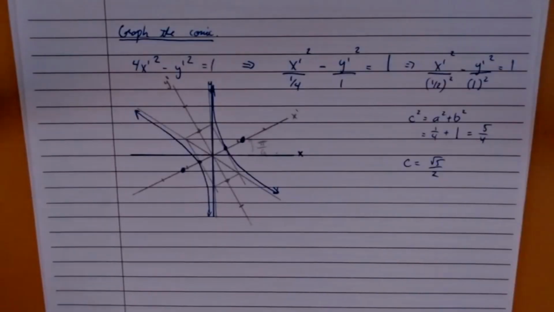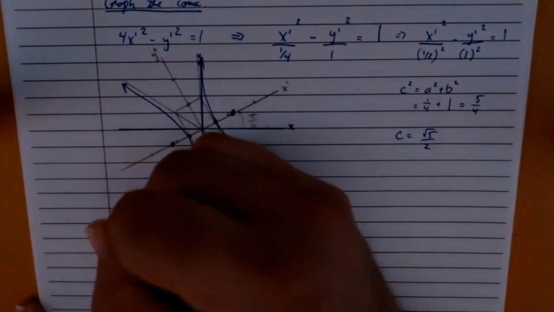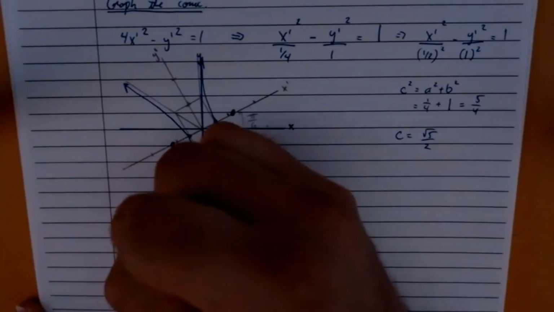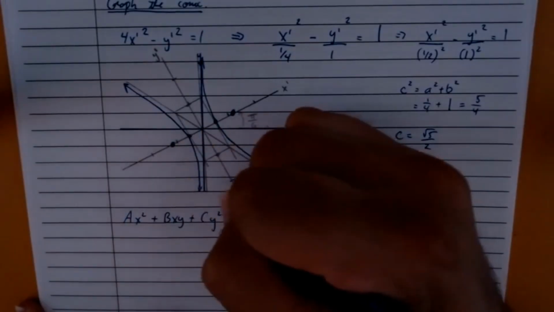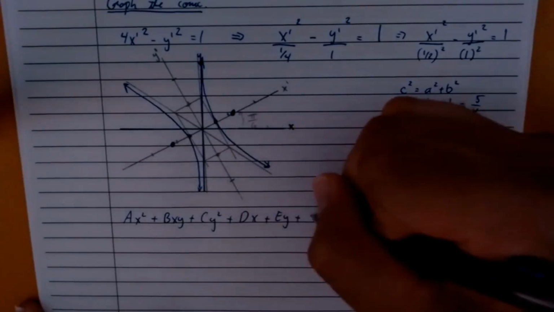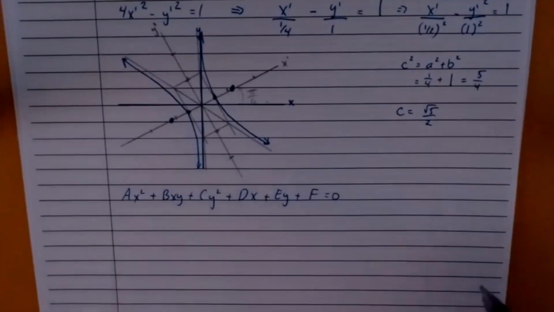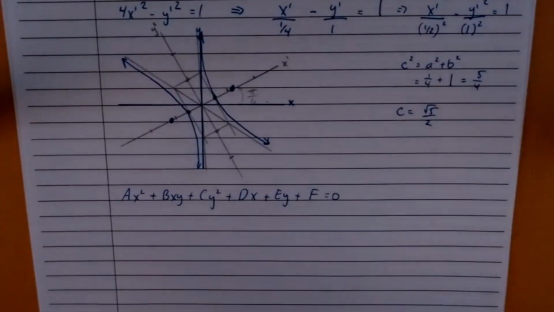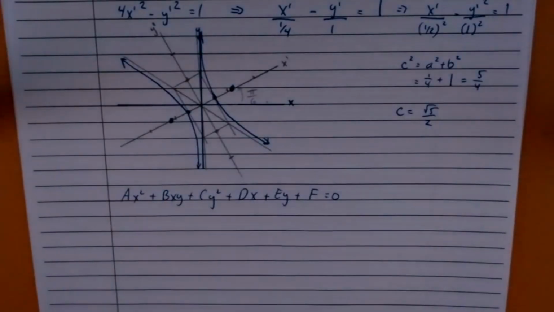Yes, and in fact, it is a very familiar looking expression. It turns out that if you have a conic in the general form ax squared plus bxy plus cy squared plus dx plus ey plus f is equal to 0, and it is a non-degenerate conic, then the determinant is the same determinant that you're used to when you deal with the quadratic formula.